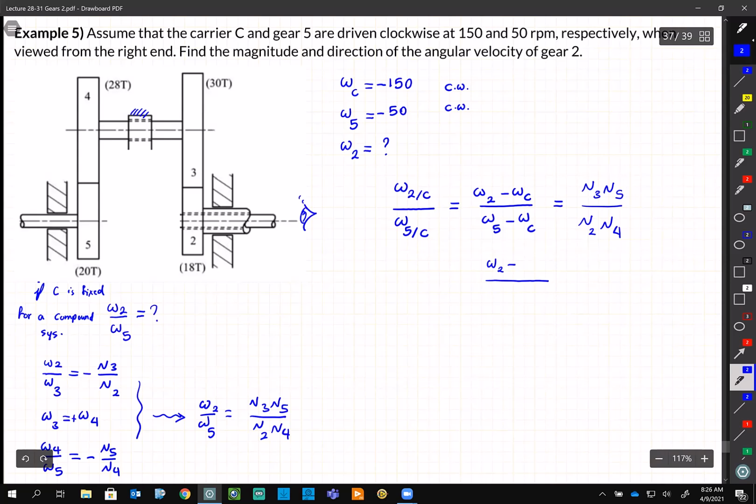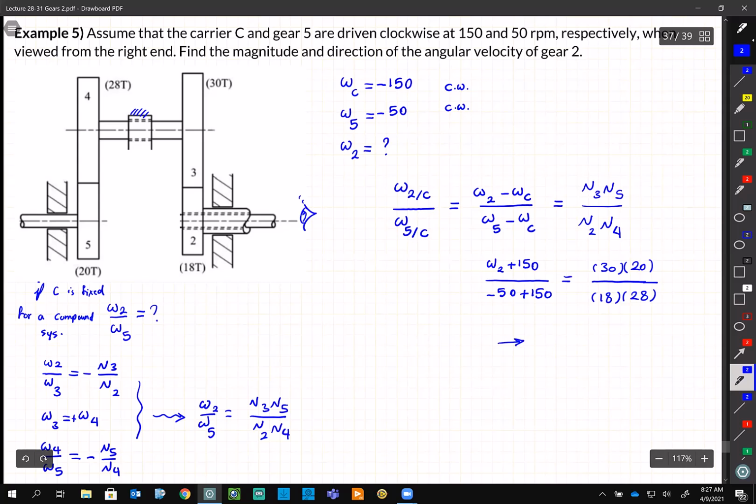What is omega c? And omega 5 minus 50 plus 150. You see, I put all the signs there. And N2, 18, sorry, N3, 30, and N5, 20, N2, 18, and the other one is 28.